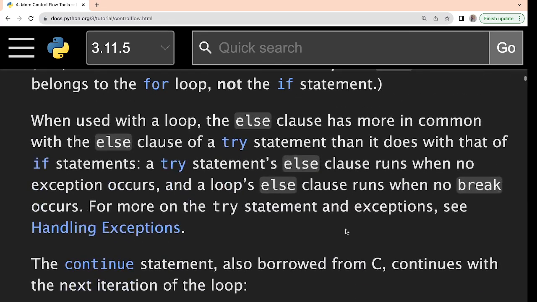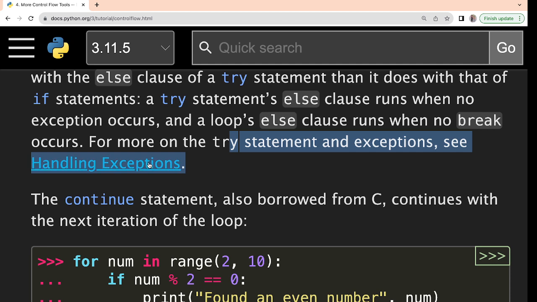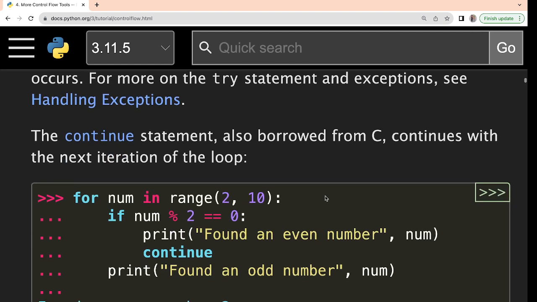So that's the similarity shown here. And a loop else clause runs when no break occurs, right? For more on the try statement and exceptions, you can see this link, handling exceptions. If you are a beginner, we will study this later, so at that time you can go through it.